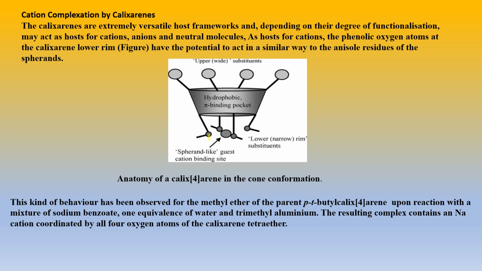Now what happens, the sodium ions will be accommodated in this spheron like guest binding site of oxygen atoms. So it will be in the lower rim of the Calixarene. The sodium atom will get bound into this lower end by the oxygen atoms present in the para positions of the aromatic ring.